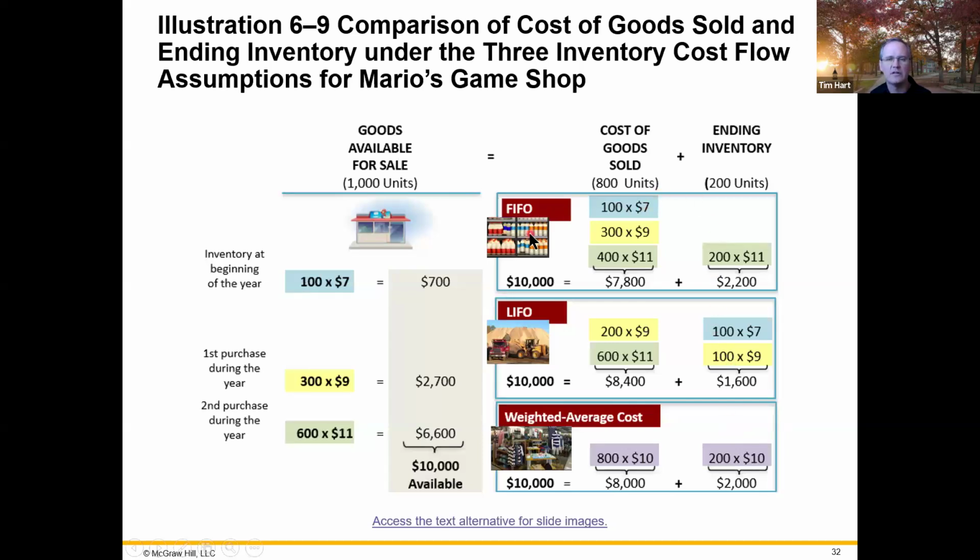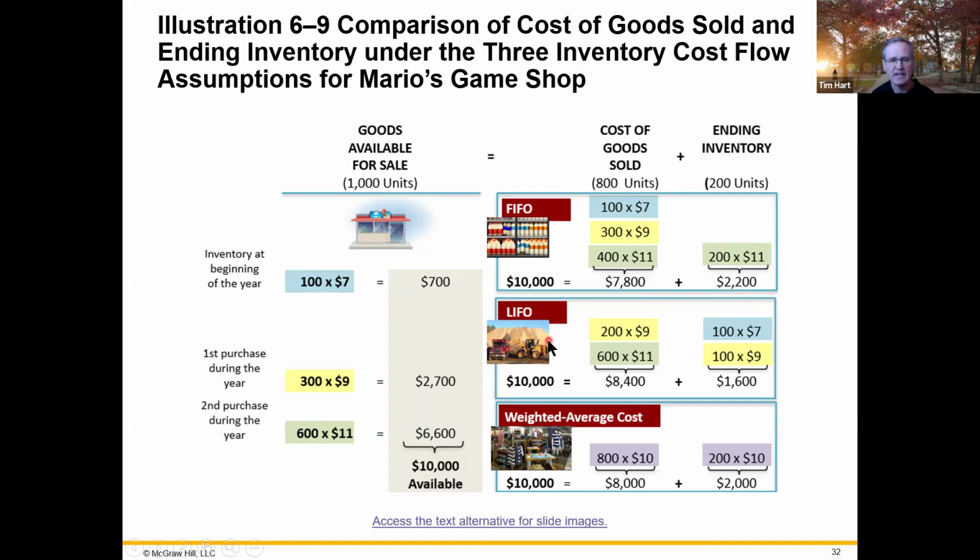Under FIFO, the milk method, first in, first out, the oldest stuff is being sold first. We're selling all of those $7 units, all of the $9 units, and some of the $11 units. Our ending inventory is only those $11 units, cost of goods sold versus ending inventory.